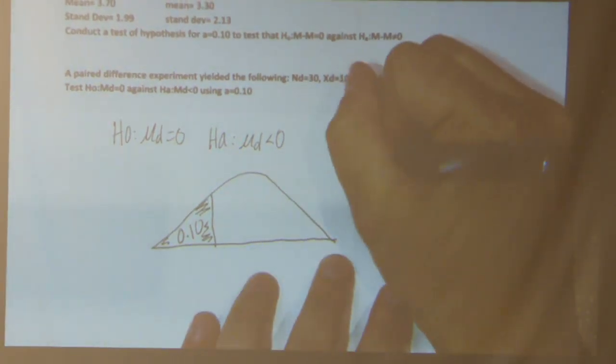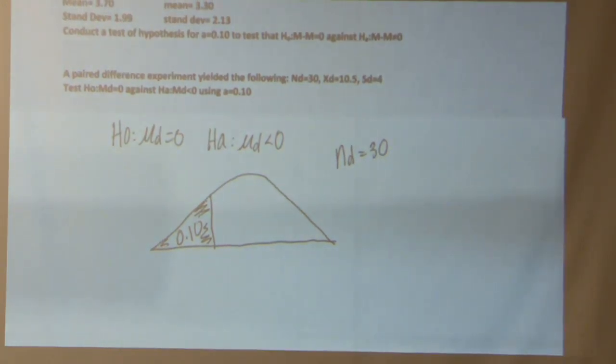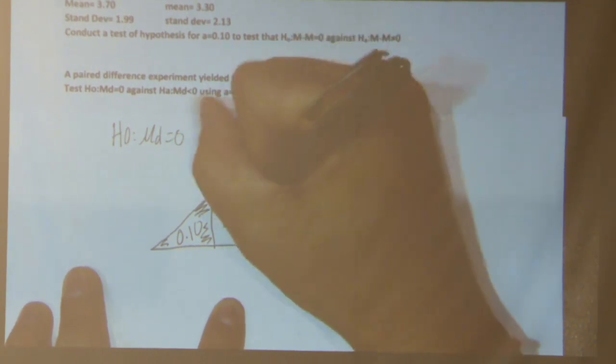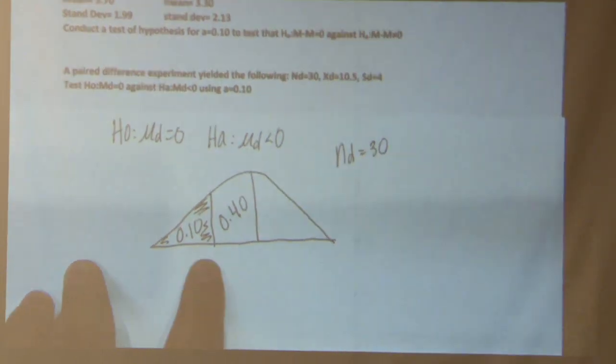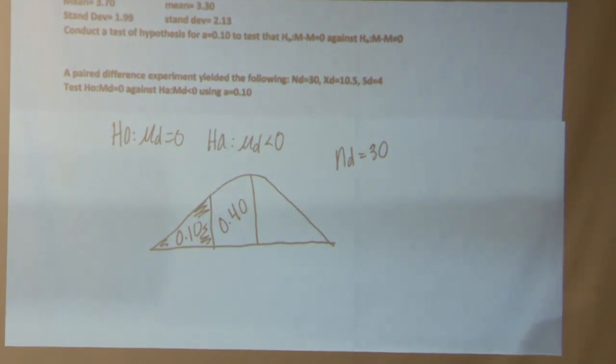Since our nD is equal to 30, we're going to be using the z-charts. So depending on which class you're in, you can either look up the 0.10 or the 0.4 to obtain your z-score. And we should get a value of negative 1.28.